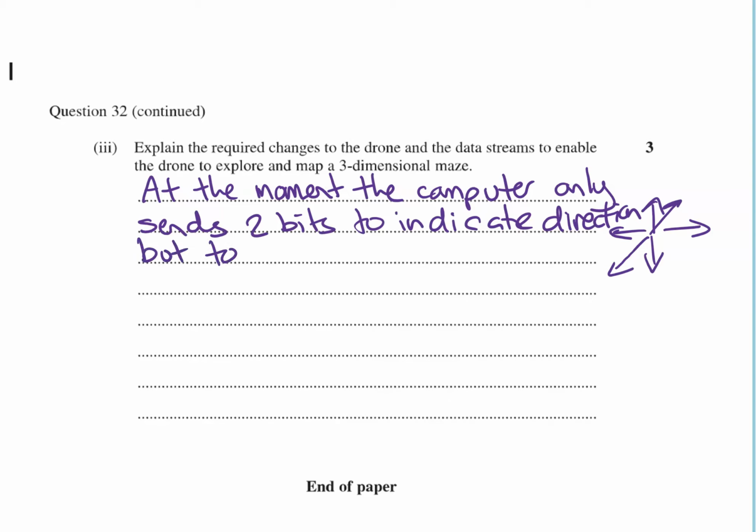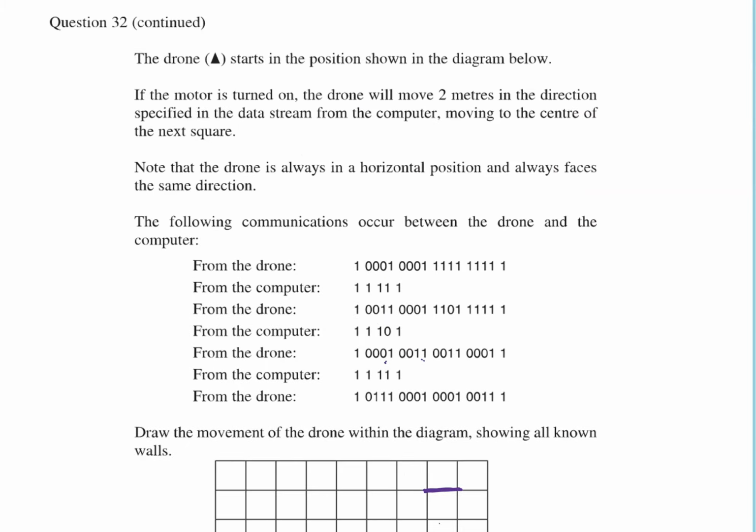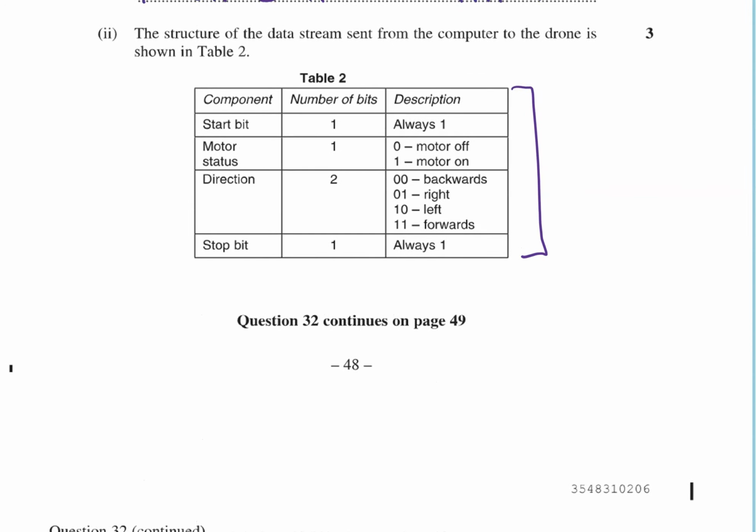But to have 6 directions, 3 bits are needed. E.g. 001. I think 01 was left, wasn't it?